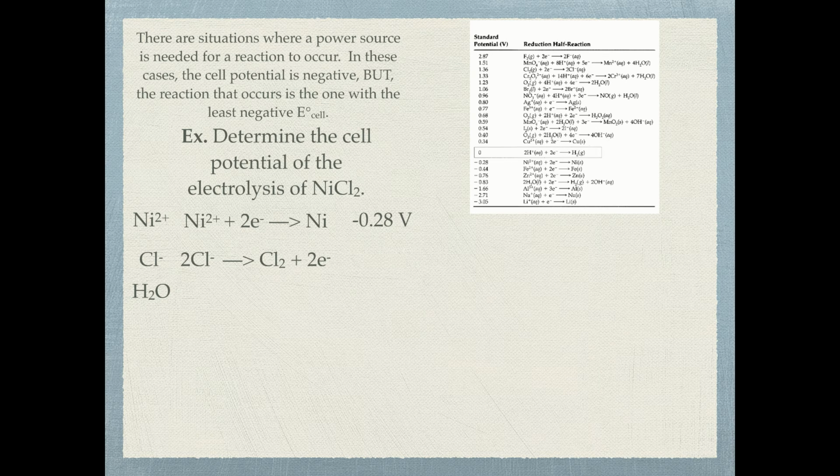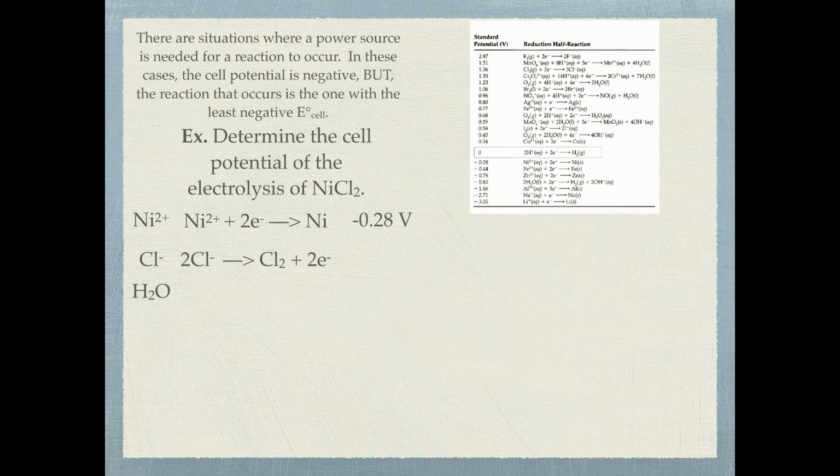For water as a reactant, you have two possible reactions. If you look through all of these reduction half reactions, there's one where water is automatically a reactant. It's the fourth from the bottom. Or, if you're looking at your table, the fifth from the top, water is a product, so you could flip that reaction. So you have two different possible reactions.